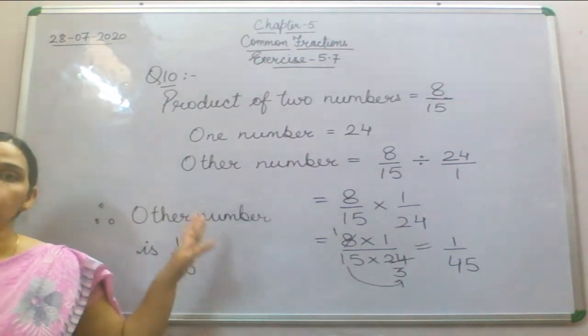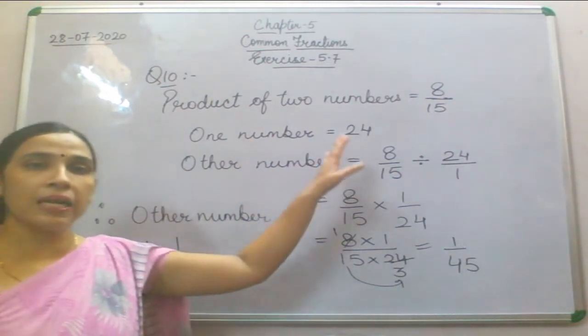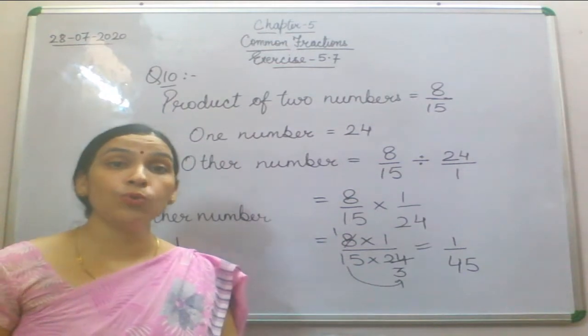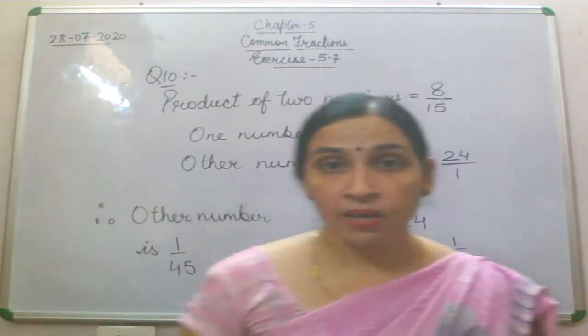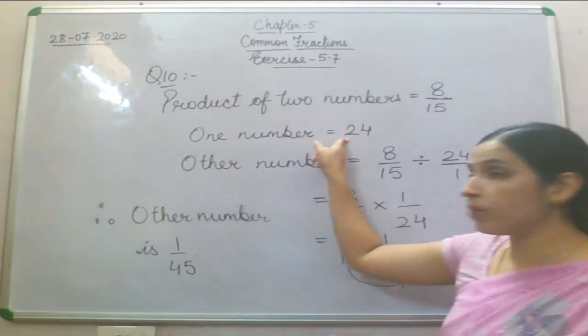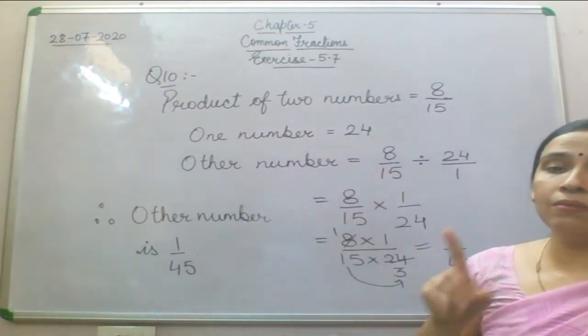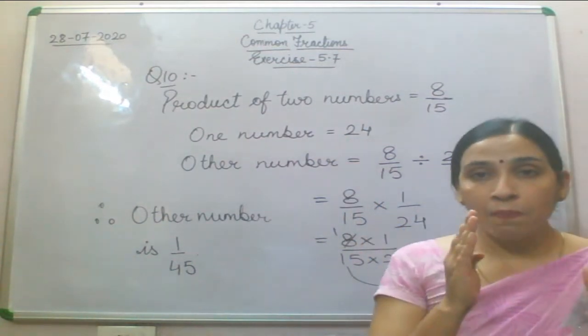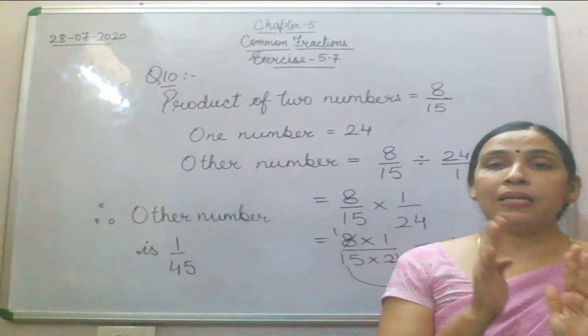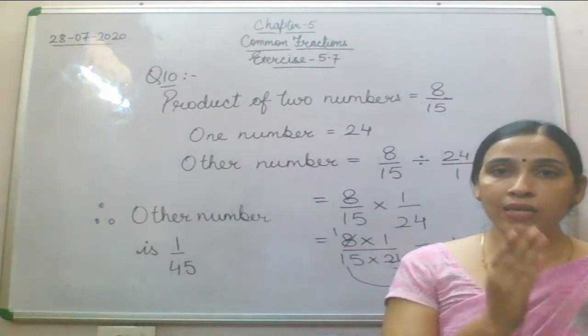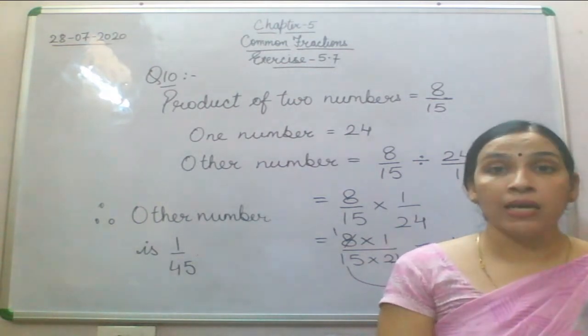Like in this question, the product of two numbers will be given, that is 8 by 15, and then you have been given one number. And what is the one number? That is 24. Remember the steps. Remember the kind of question, what is being asked in the question.